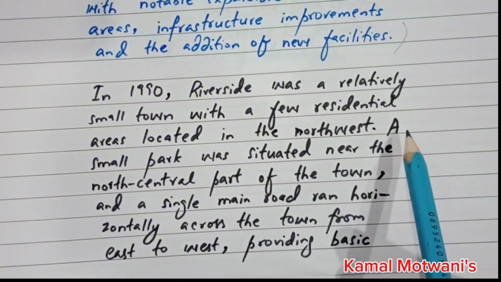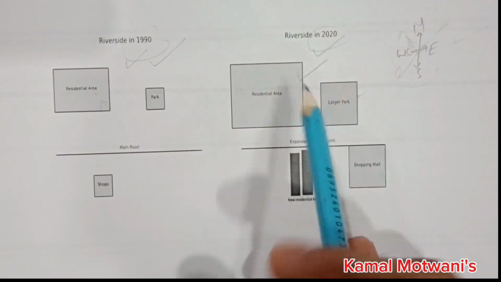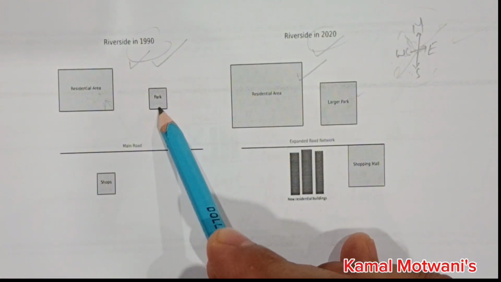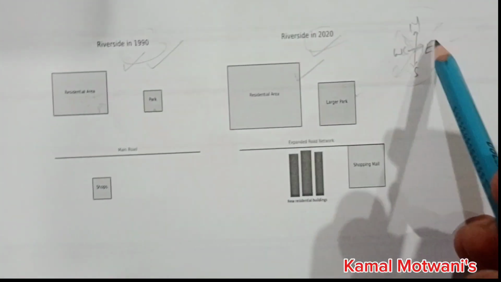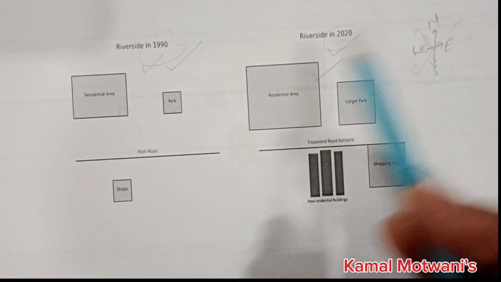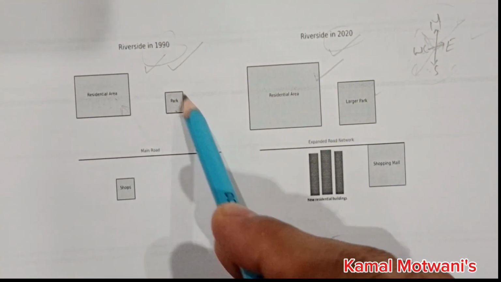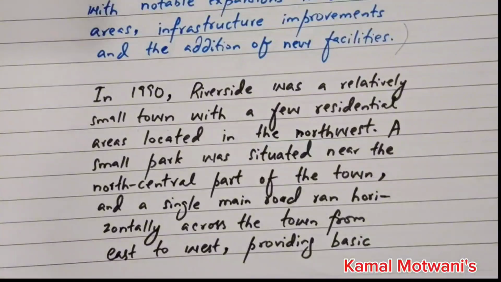Then a small park was situated near the north central part of the town. You see, the small park was situated near the north central part. You see, this is the central part of the north side. So this is a small park which was situated here in 1990. Okay.